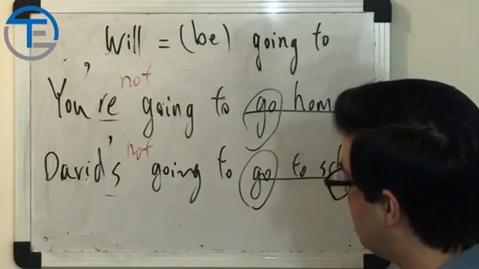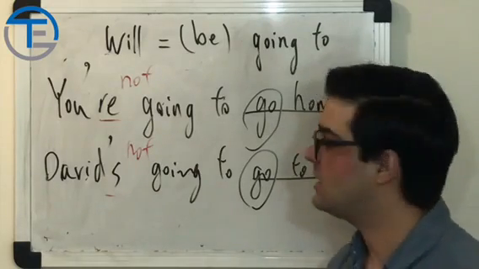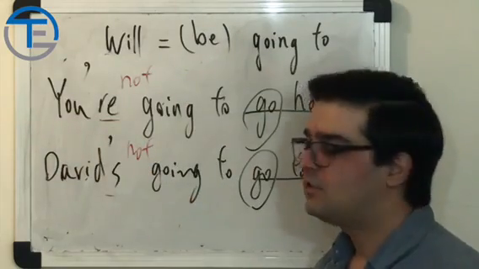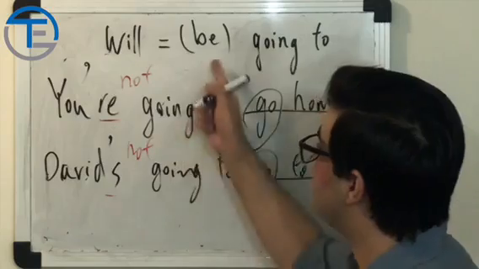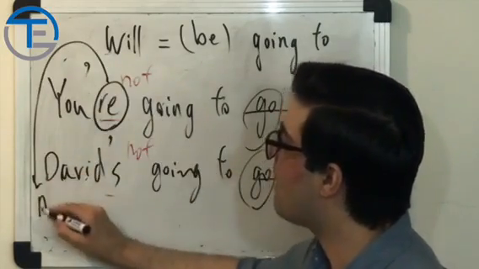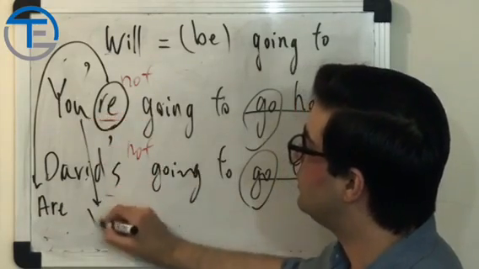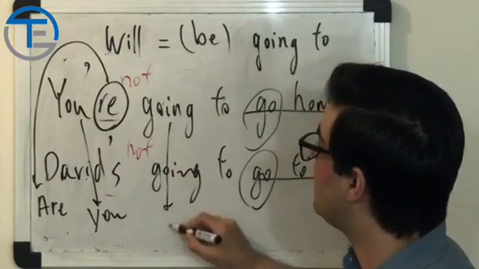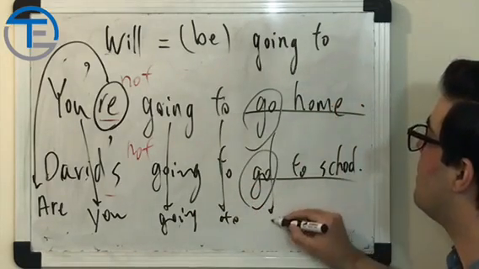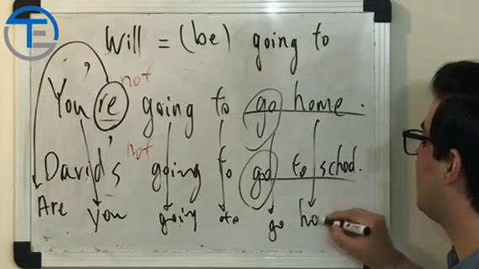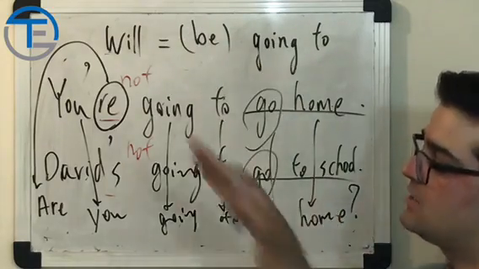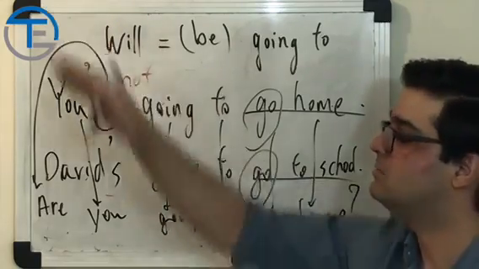If you want to make yes no question, you have to use be in the beginning of your question. So start with verb be. Here we have are, so you have to use it here. Are you going to go home? So it's yes no question. Say it right. Say it rising. Are you going to go home?